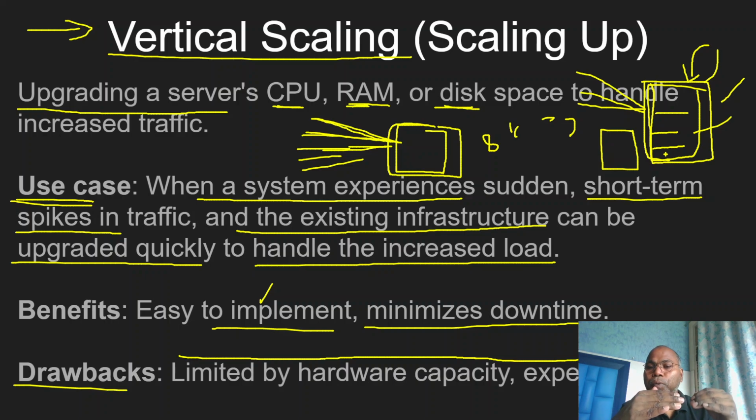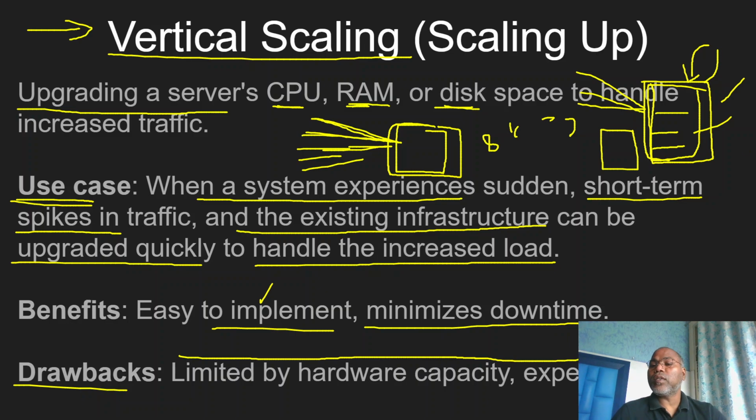How many bytes of data our CPU reads depends on the bus size. So there are some hardware challenges in the computer system. To some extent you can increase. Vertical scaling is good, but after some level you cannot increase our CPU, RAM, or hard disk. So this is the drawback.